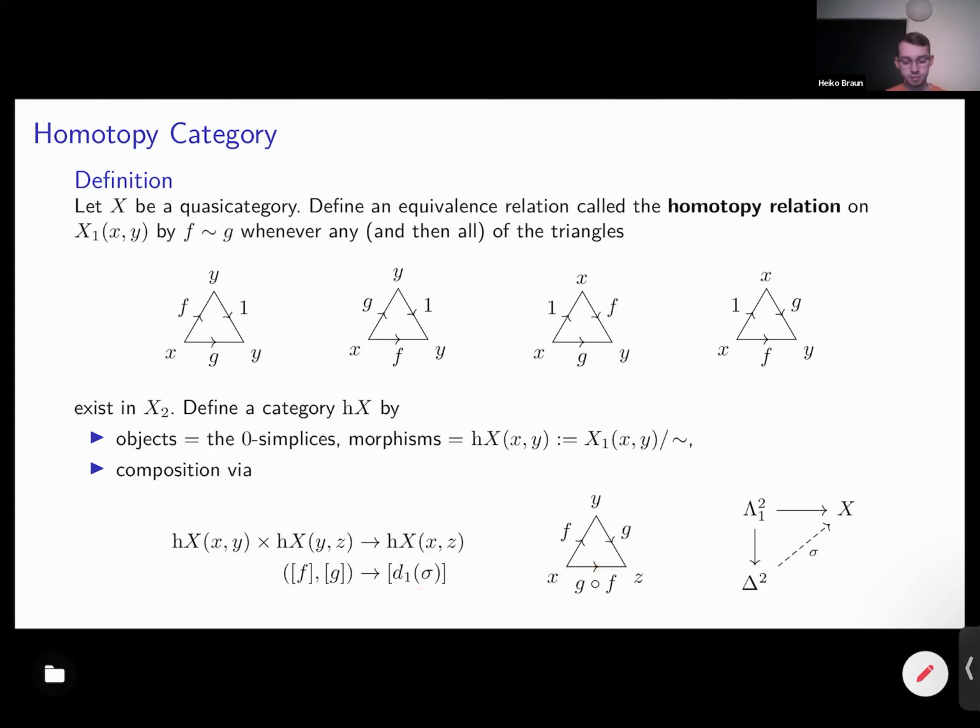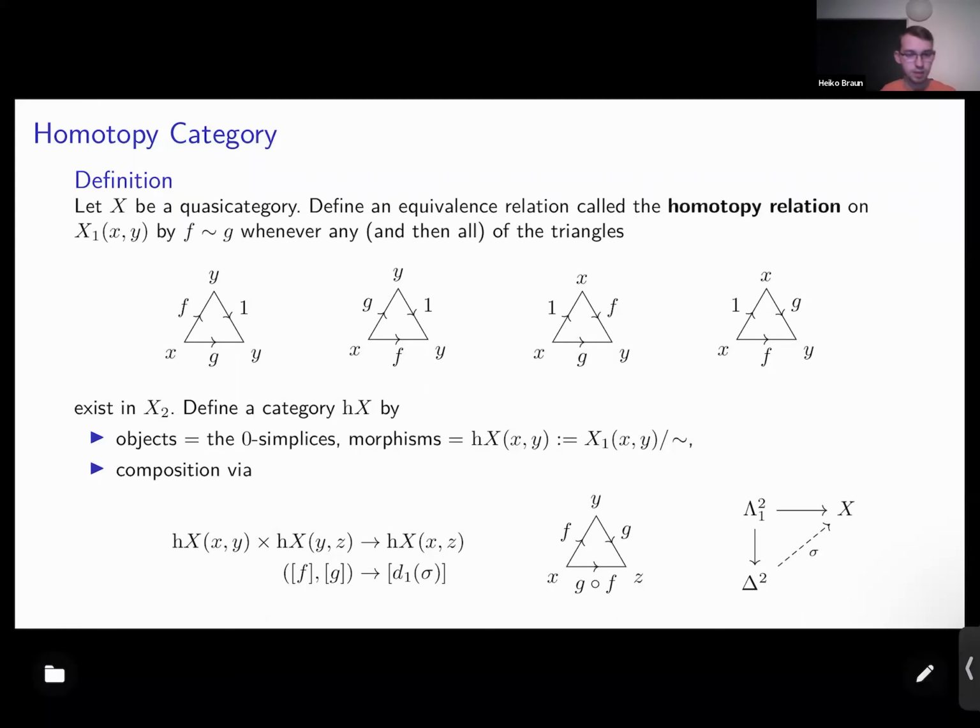And when you do this definition, then actually this homotopy category will become an actual category. And to check that things like associativity work out, you need to look at a few 3-dimensional horns. And if you can lift the inner 3-dimensional horns, then actually this composition is also associative. And the identities are given by the degenerate one simplices on a vertex.